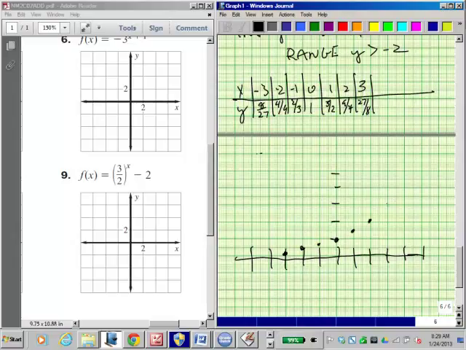We can put a lot more points in here because it grows slowly. We could put in 4. What would 4 be? 4 would be 81 over 16, which is a little over 5, right? 4 times 16, 64.